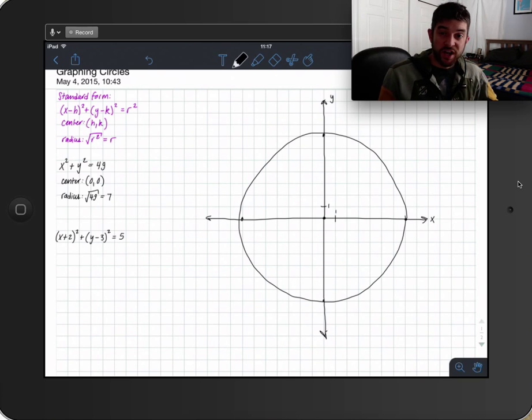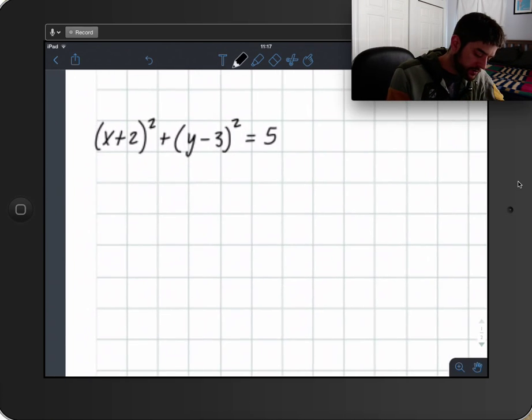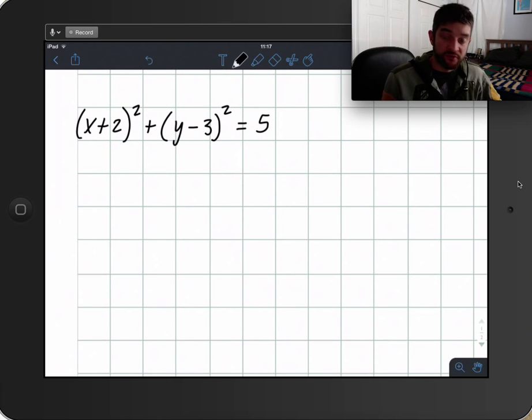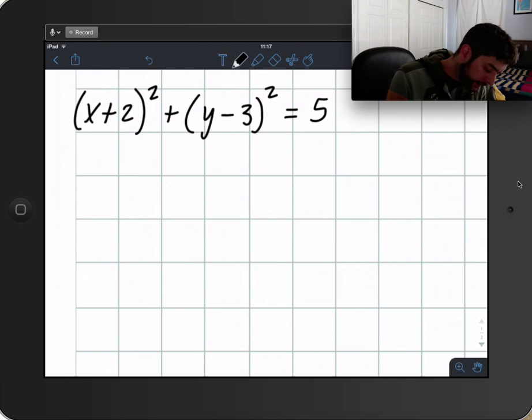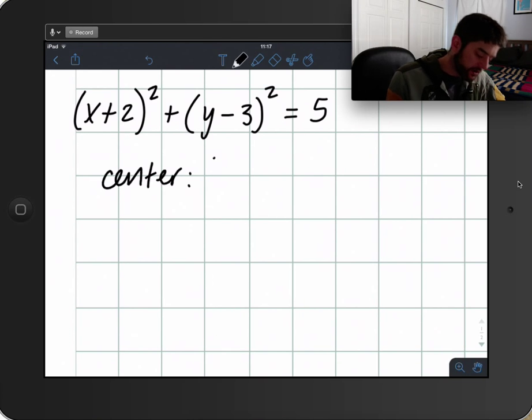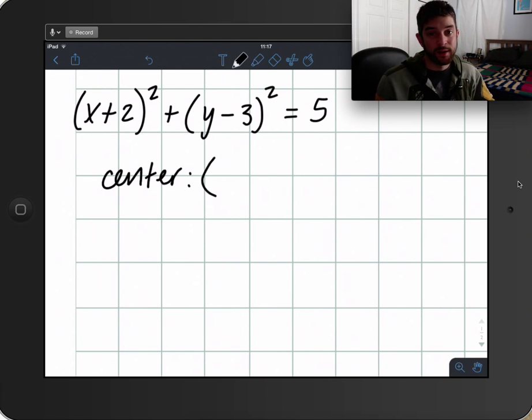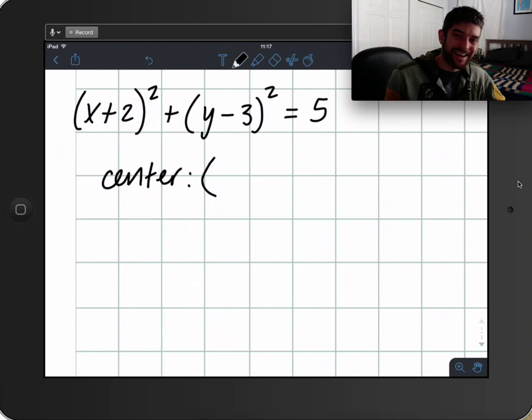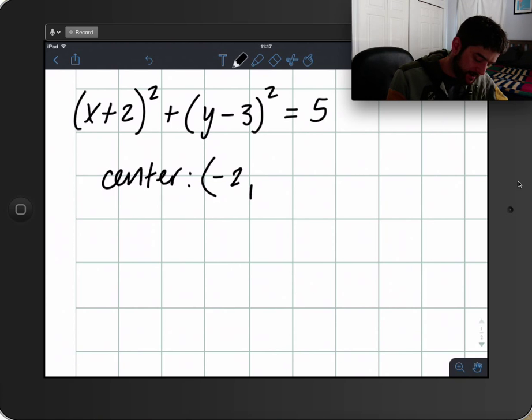This next example is not centered at the origin, and it's x plus 2 squared plus y minus 3 squared equals 5. Now, remember, the x and y coordinates are the numbers subtracted from x and y inside the parentheses. So if we have x plus 2, it's x minus negative 2, because negative 2 is being subtracted from x. And with the y, it's a little bit plainer to see that it's y minus 3, so your y coordinate is 3.